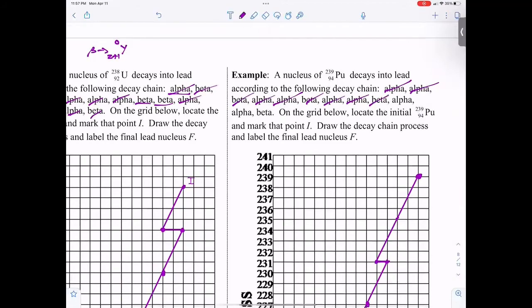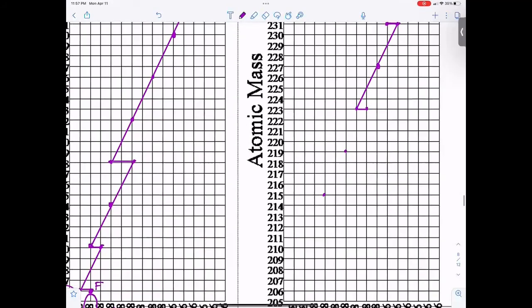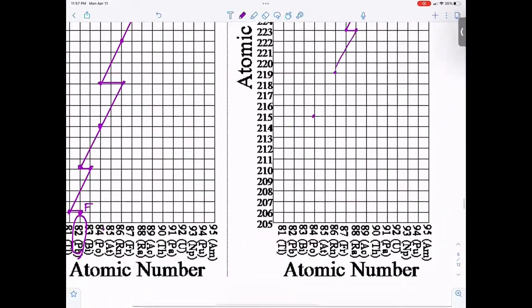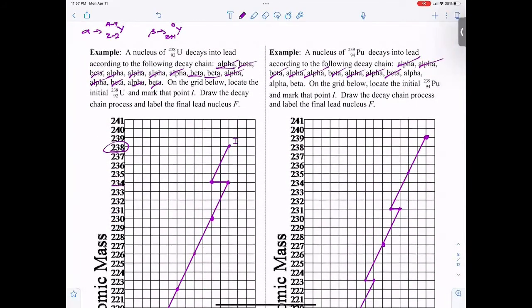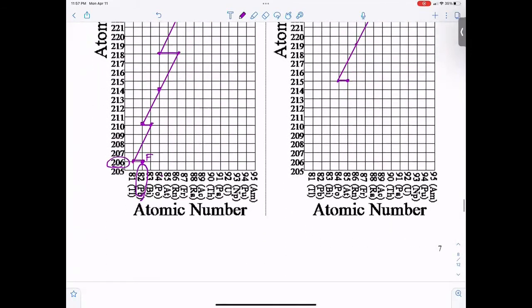Then we're going to go 1 beta. I'll first go ahead and connect those. Okay, we're going to go 1 beta. That means add 1 more proton. And then we're going to finally end this up with an alpha alpha beta. So down 4 over 2, down 4 over 2.